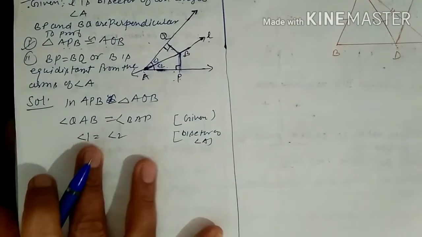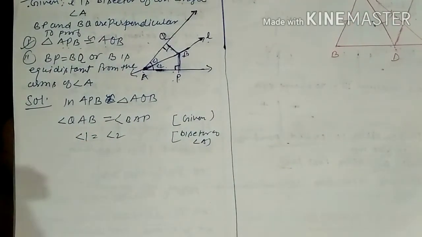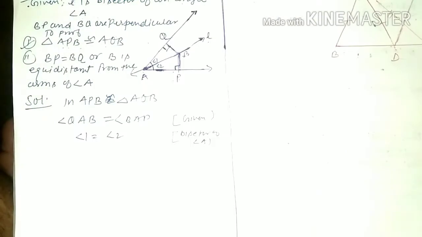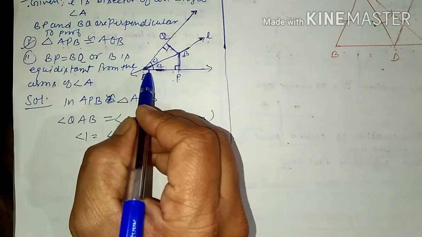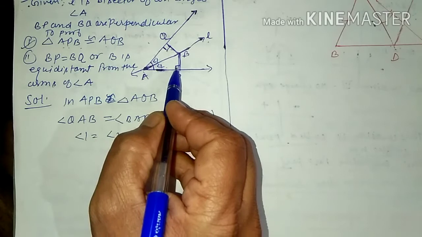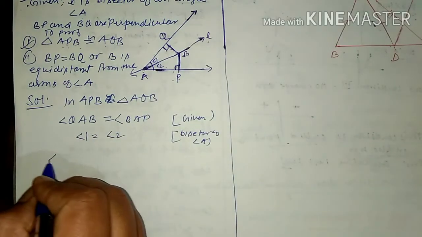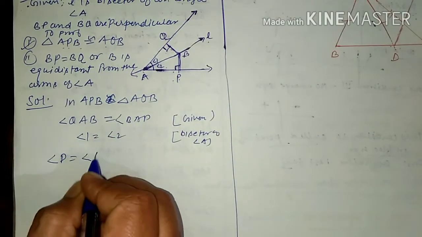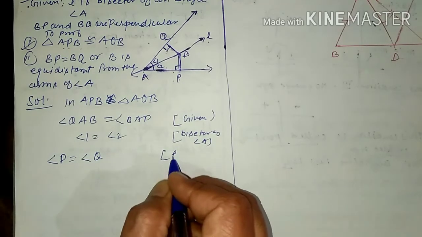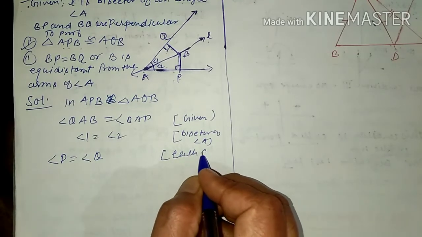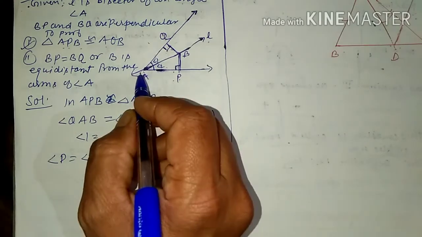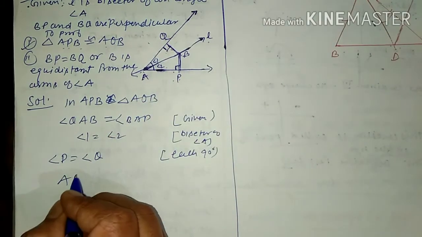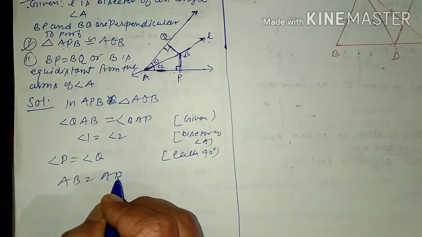Okay, now the second thing we have to find out. The second thing is that this angle P is equal to angle Q. The reason is each 90. And AB is equal to AB.